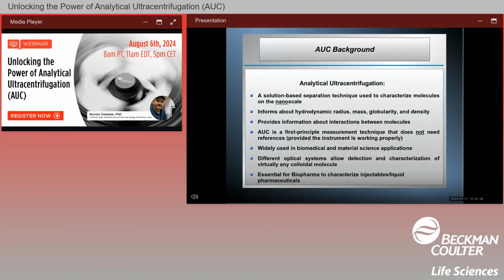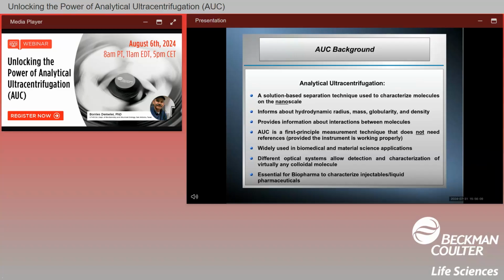Starting off with AUC background, what is AUC? It's a solution-based separation technique which is used to characterize molecules on the nanoscale. So we're talking typically anywhere between 1 to 100 nanometers. In that range, molecules can be characterized by AUC.